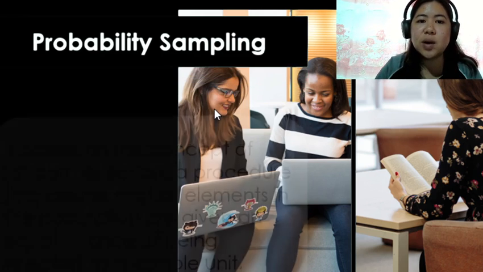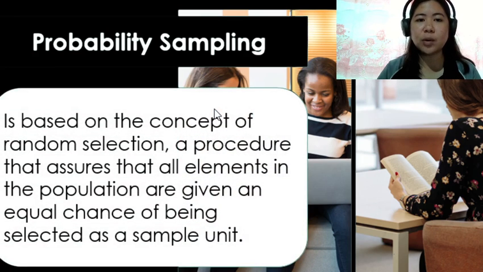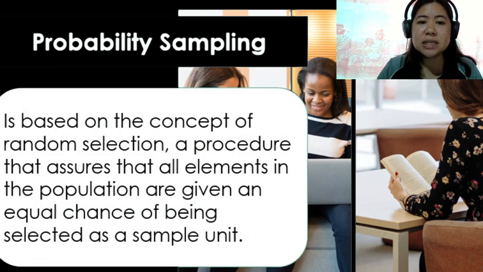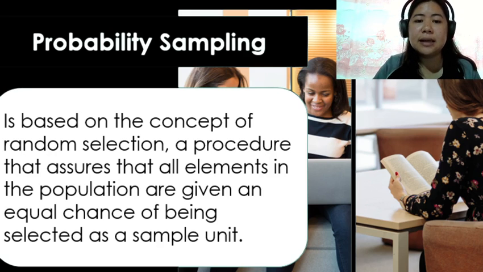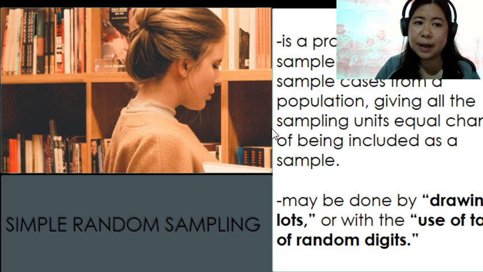Next one is probability sampling. This is where we will focus, because probability sampling is used when we do quantitative research. It is based on the concept of random selection, a procedure that assures that all elements in the population are given an equal chance of being selected as a sample or unit. So the respondents are randomly selected, giving everybody an equal chance to become respondents.